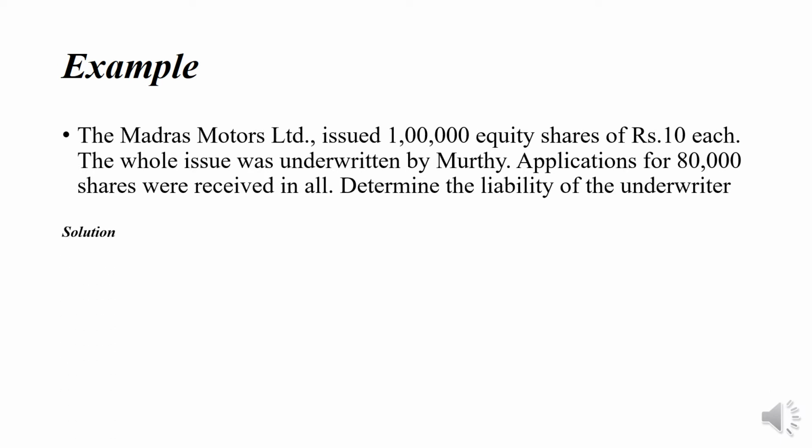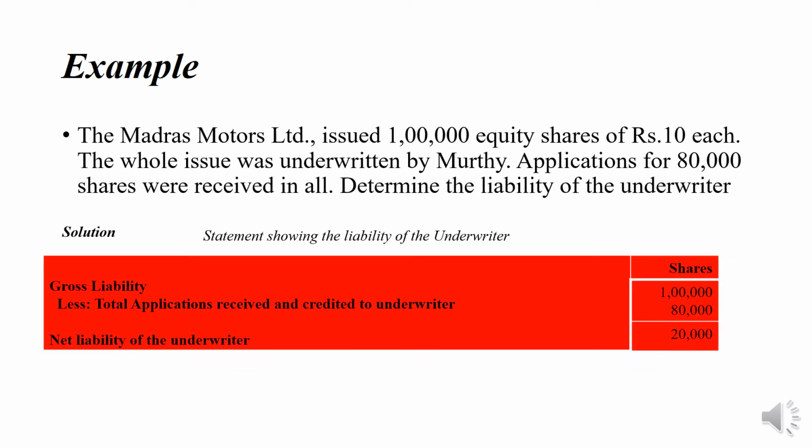Now let us move on to discuss the solution of this problem. You have to prepare a statement showing the liability of the underwriter. This is the format which we have already discussed. Gross liability: the total shares issued by the company is 1 lakh, and I have written that here.